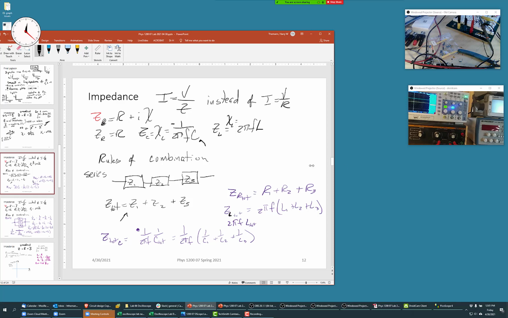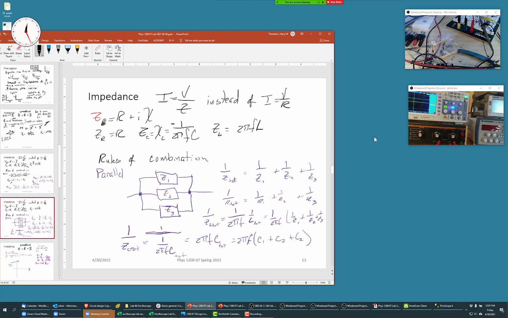Okay, so then that's our series combination. And now the parallel combination is pretty much the same as for resistors.